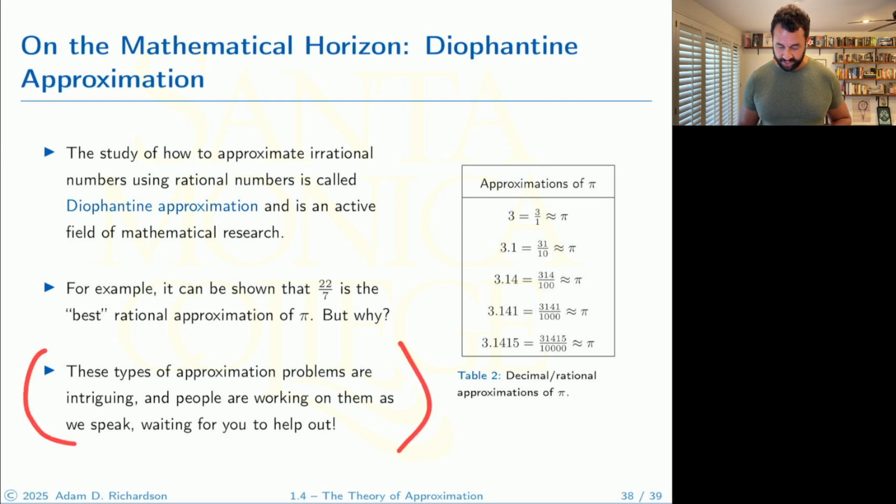These types of approximation problems are intriguing, and there are people working on them right now. So if you ever wondered what we do in math research, or whether every math problem is solved, the answer is a big no, not even close. There are many, many unsolved math problems, and we're just waiting for you to join us so you can help us figure them out. So that's on the mathematical horizon for those that are interested.